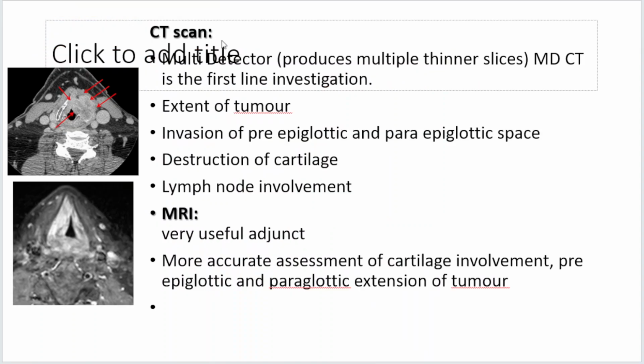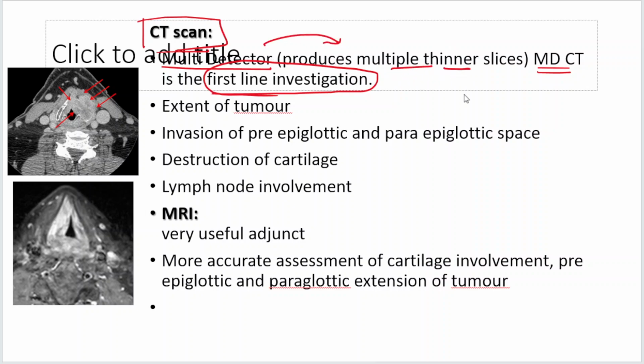Now, coming to CT scan. CT scan is the first line of investigation in a case of carcinoma larynx. Multi-detector CT, MDCT, is the first line investigation. What is multi-detector CT? It is nothing but multiple thinner slices.